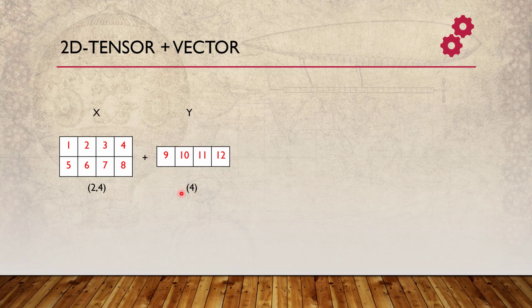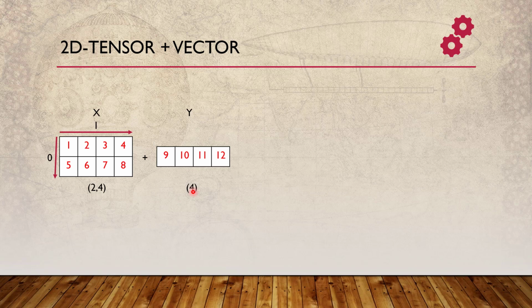So which one is matching? In terms of axis, this is the first axis and this is the zeroth axis, right? Zeroth axis means always row wise and the first axis is always column wise here. So this 4 is the first dimension of x, which is matching with the y of size 4, correct?